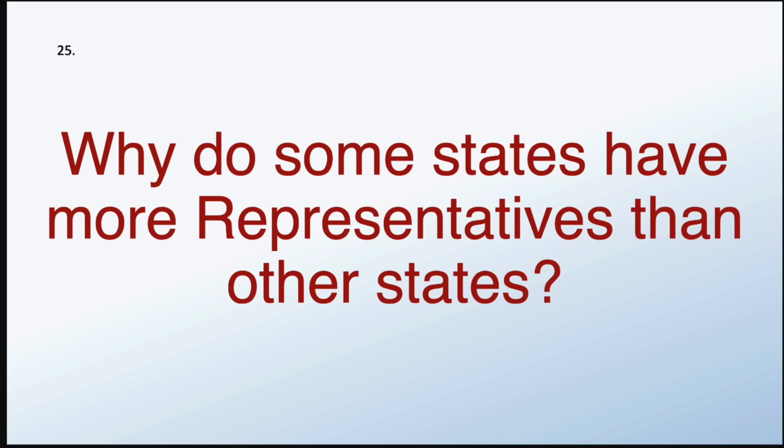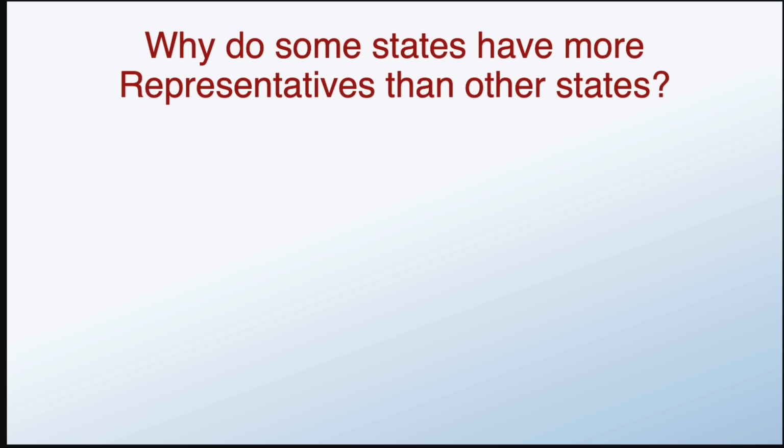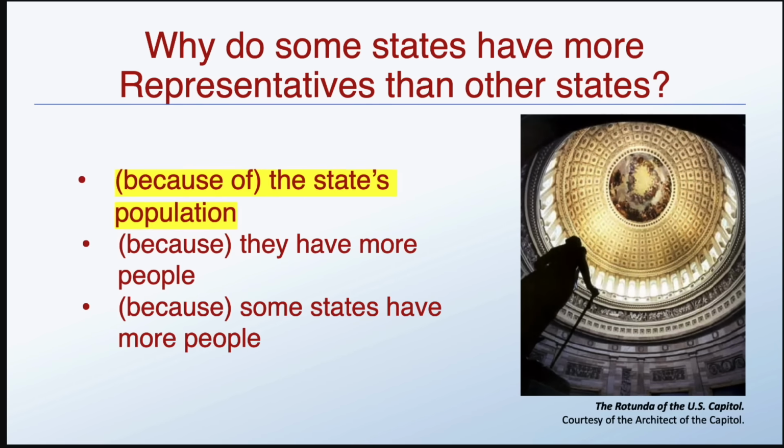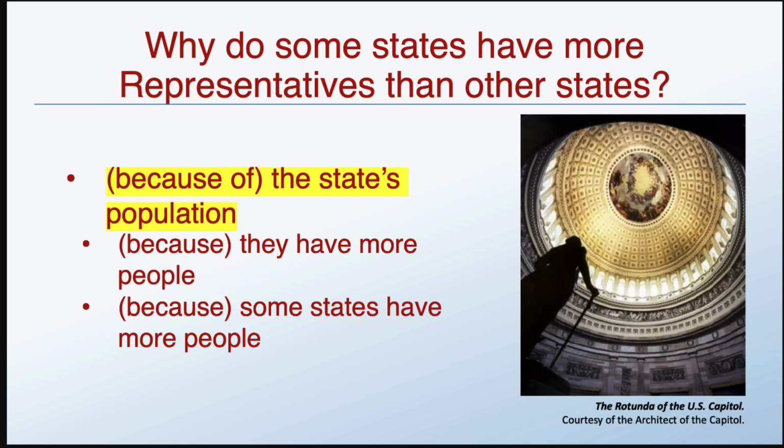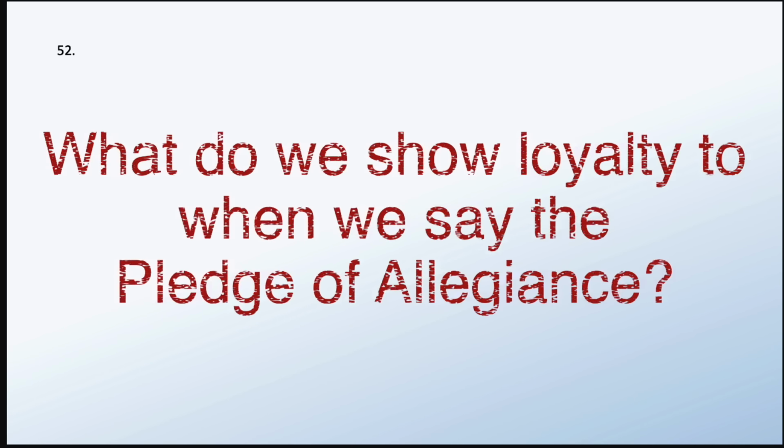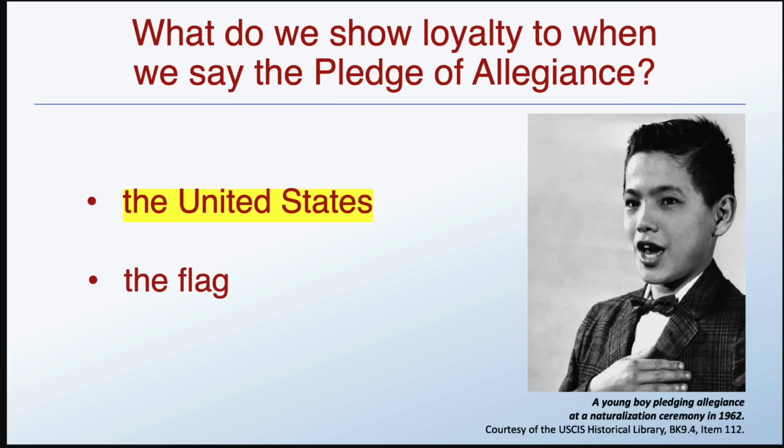Why do some states have more representatives than other states? Because of the state's population. What do we show loyalty to when we say the Pledge of Allegiance? The United States.